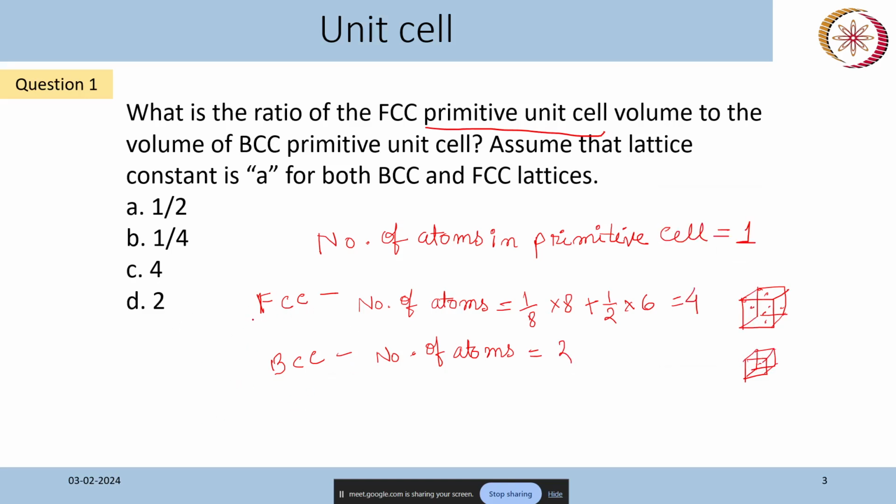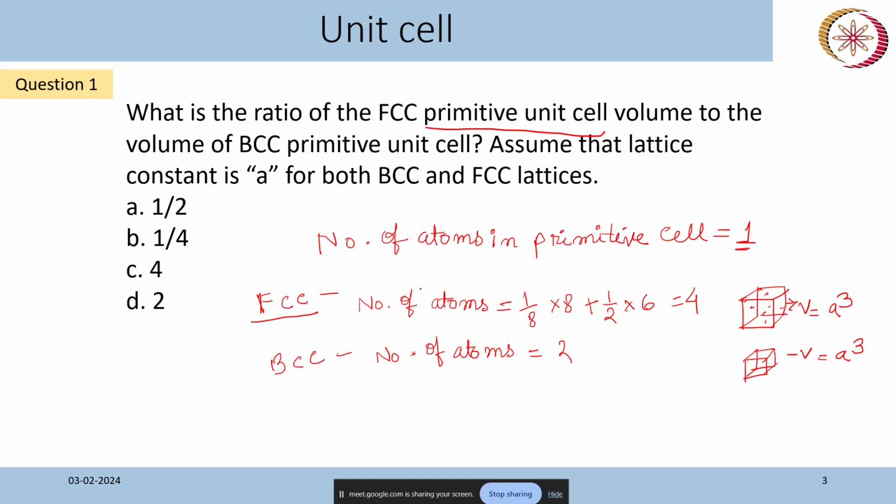So for FCC, for this cell the volume will be V equal to a cubed, and for this also the volume will be a cubed. And for the primitive unit cell, the number of atoms will be 1.